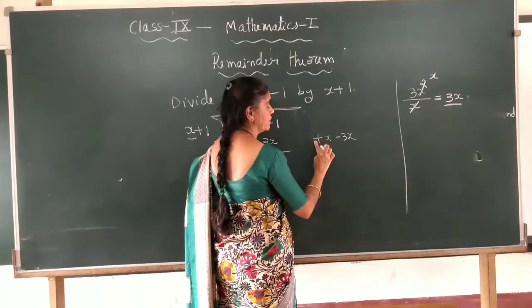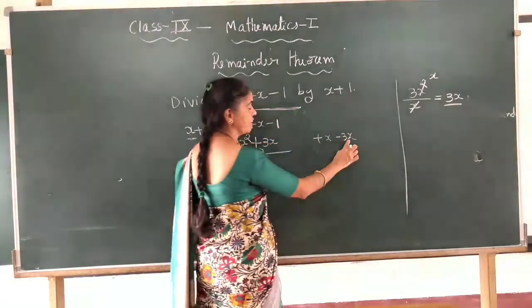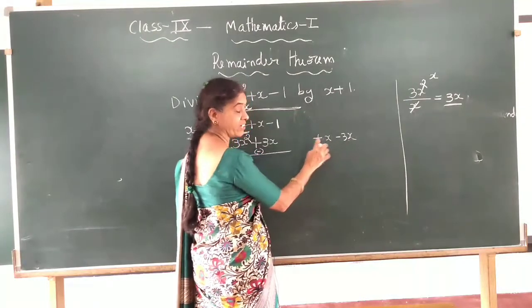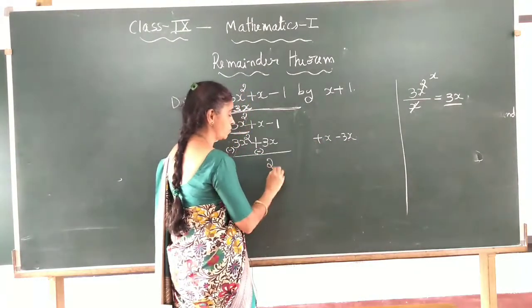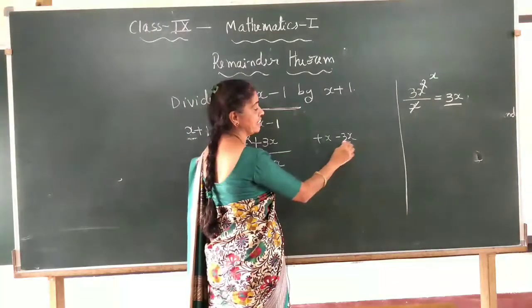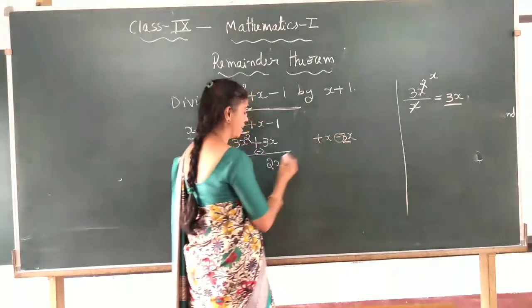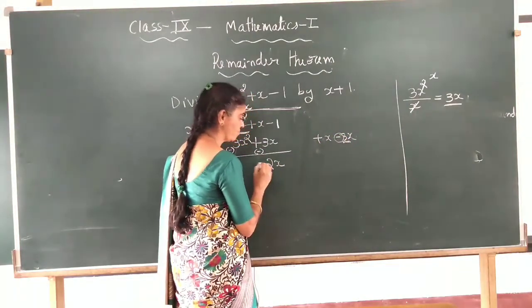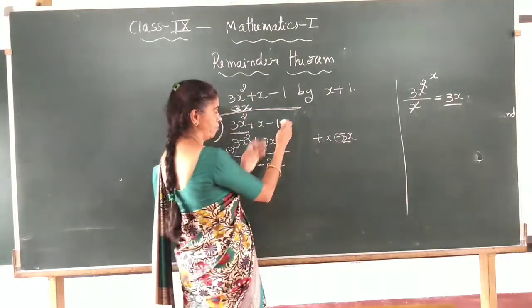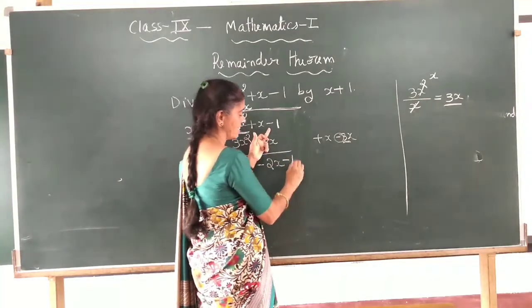One is plus sign, one is minus sign, so you have to find the difference. 3 and 1, it is 1x. What is the difference? Here it is 2x, and the bigger number's sign will come. The bigger number is 3 compared to 1, and what is the sign of this term? Minus. So it is minus. And there is minus 1, there is nothing to subtract, so you write minus 1 as it is.